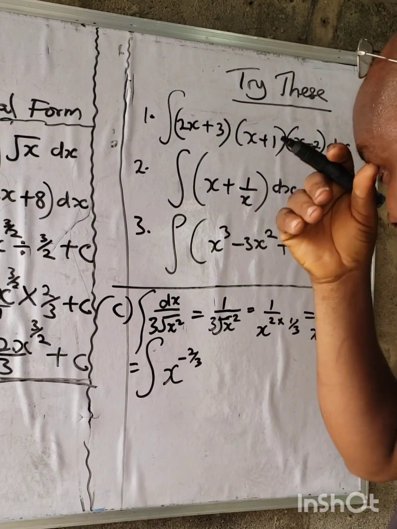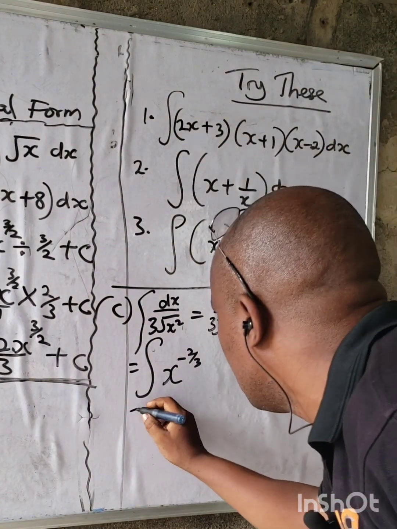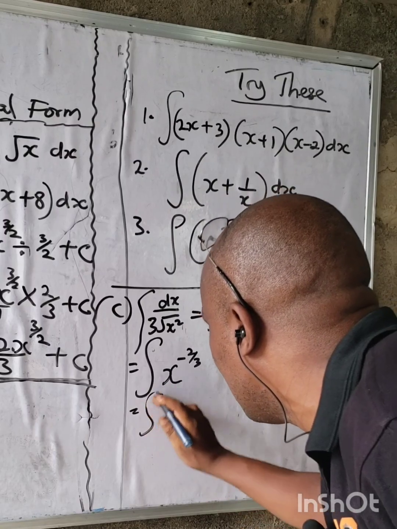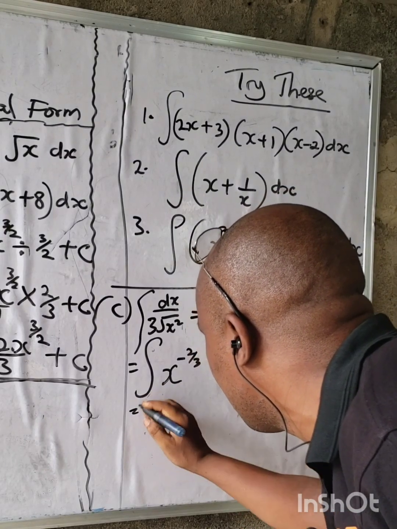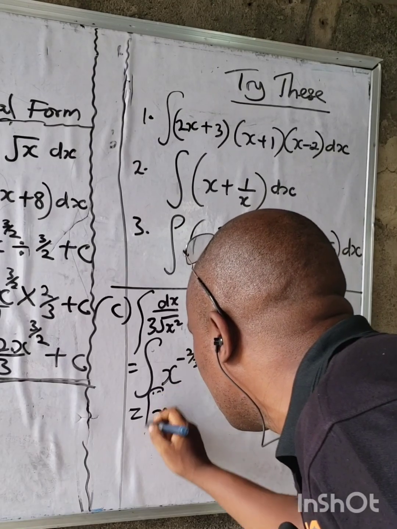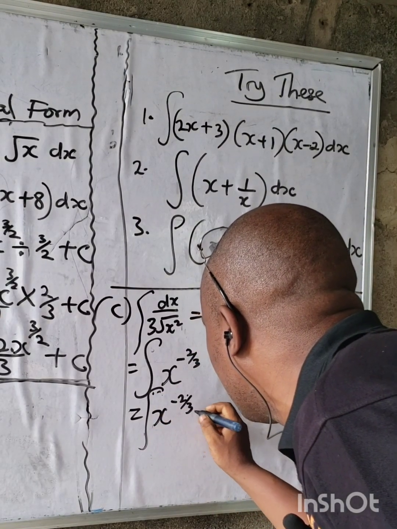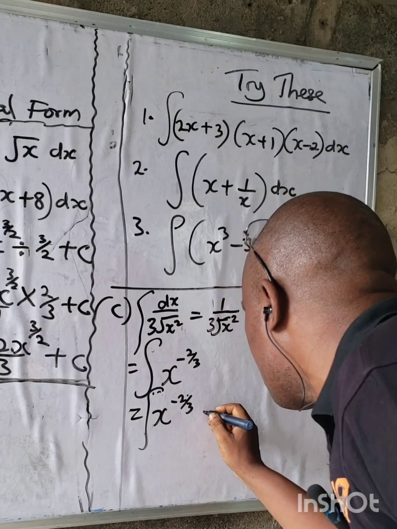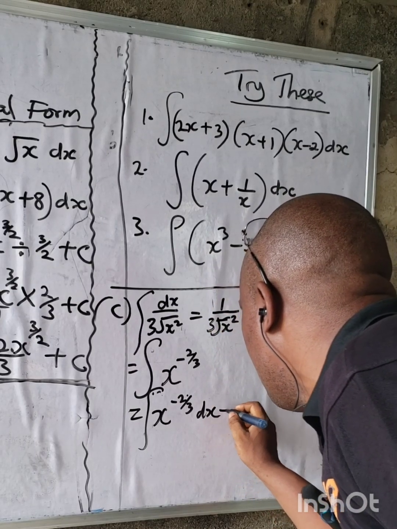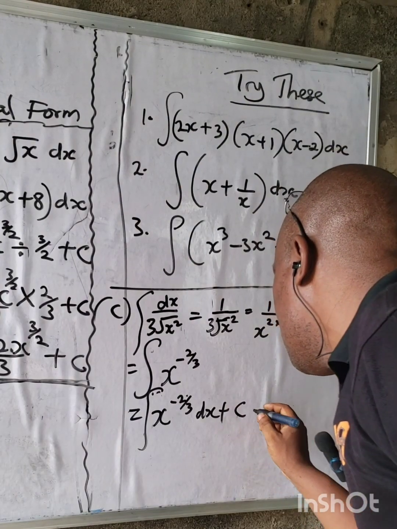Now, let us integrate. It means integral of s raised to power minus 2 all over 3 ds plus, we are going to have a constant plus c.